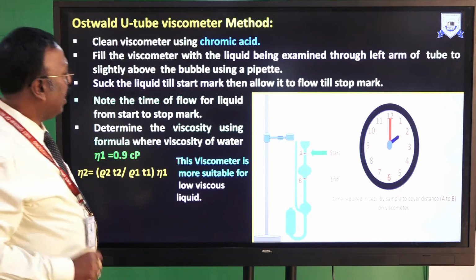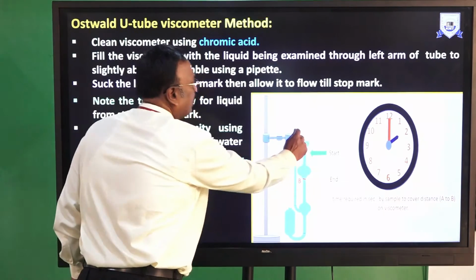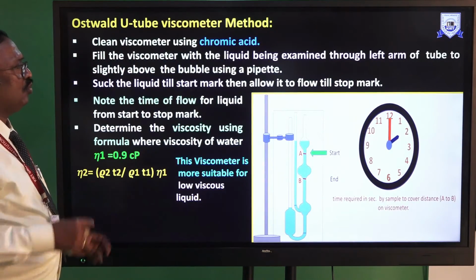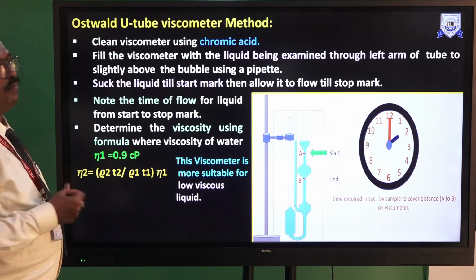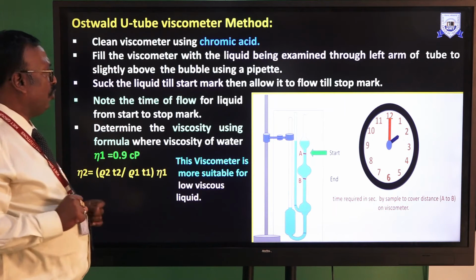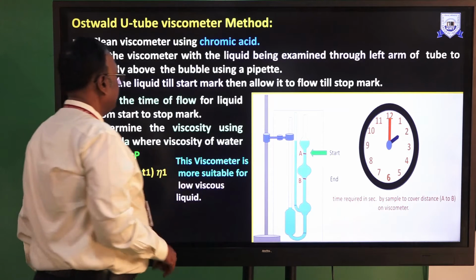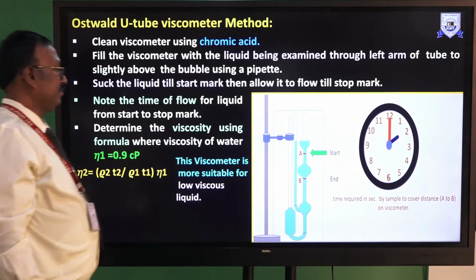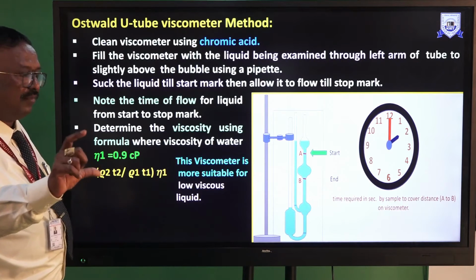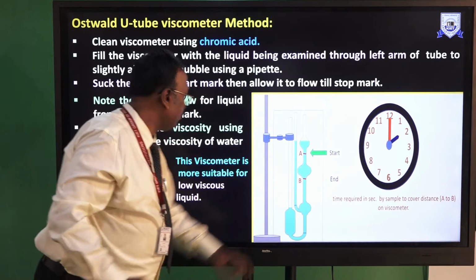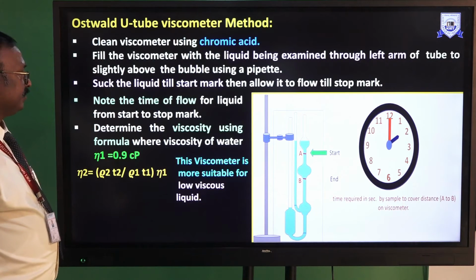Suck the liquid till above the mark point, then allow it to flow to the stop mark. Note down the time of flow of the liquid from start mark to end mark, that is, how much time is taken for the fluid to flow from point A to point B.